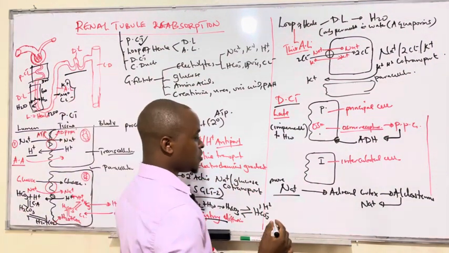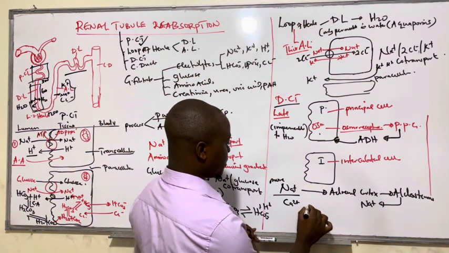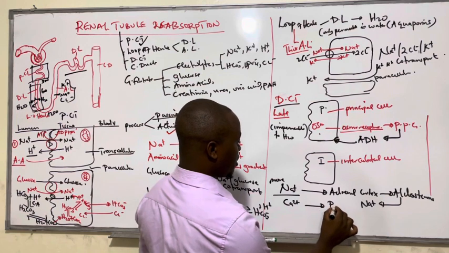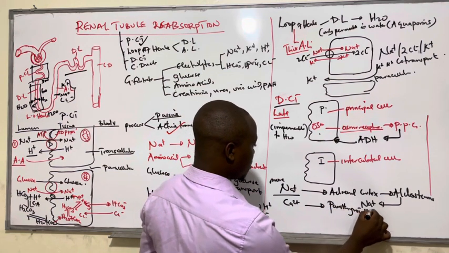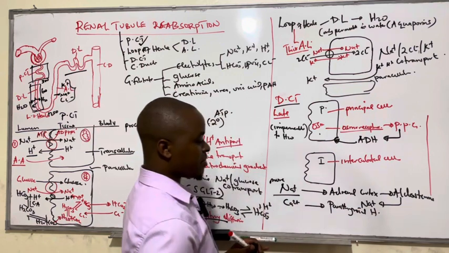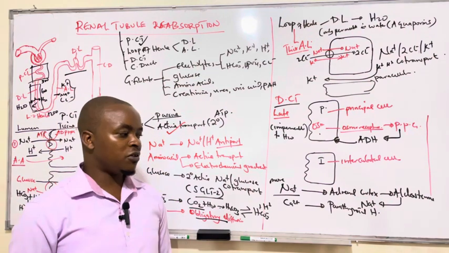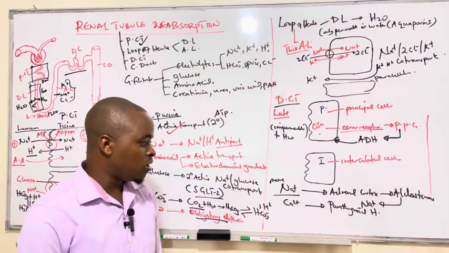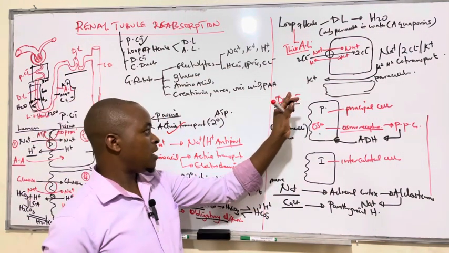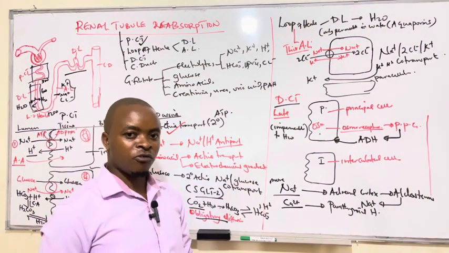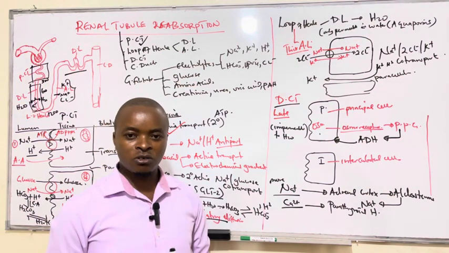And still we see also, in case we need more calcium in the body, it is reabsorbed under the influence of parathyroid hormone, produced by the parathyroid gland, found in the neck region behind the thyroid. It is also responsible for reabsorption of more calcium in the late distal convoluted tube. That is the reabsorption in the distal convoluted tube.